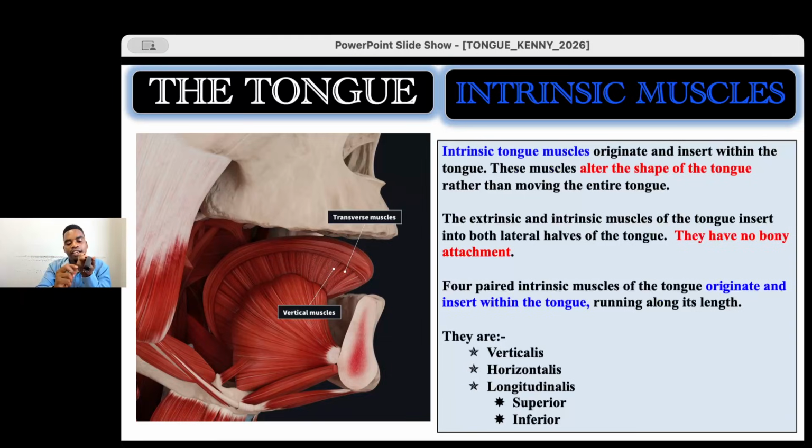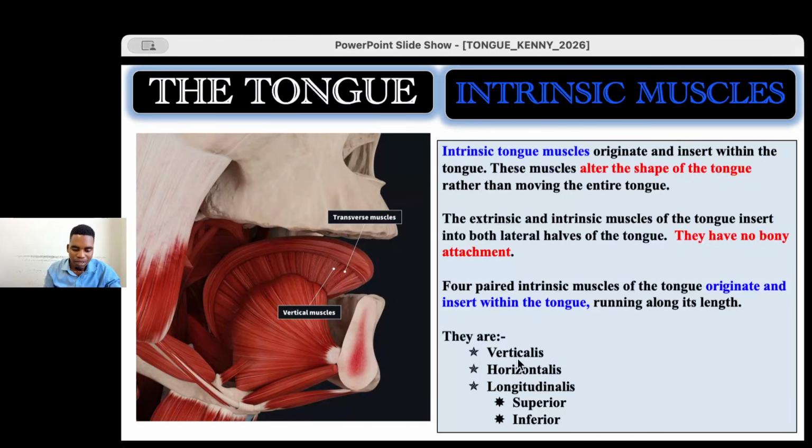But we have superior and inferior longitudinalis muscle, and then we also have the muscles which are running in a horizontal fashion, from side of the tongue to the other side of the tongue. These muscles are called the horizontalis muscle. And then we have muscles which are running from up to down. These muscles are running in vertical direction. They are called the verticalis muscle.